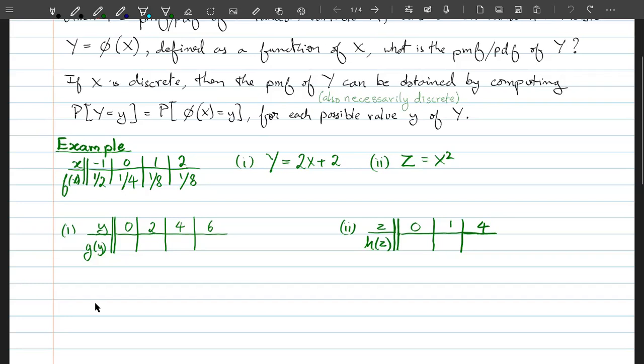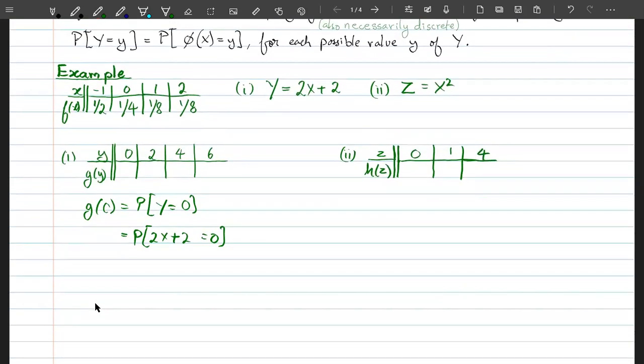Now, when you say, for example, g of 0, which is the probability of y being equal to 0, in terms of x, what is that? Probability of 2x plus 2 equal to 0. But this event, 2x plus 2 equal to 0, is equivalent to x equal to -1, because the only way that 2x plus 2 is 0 is if x is -1.